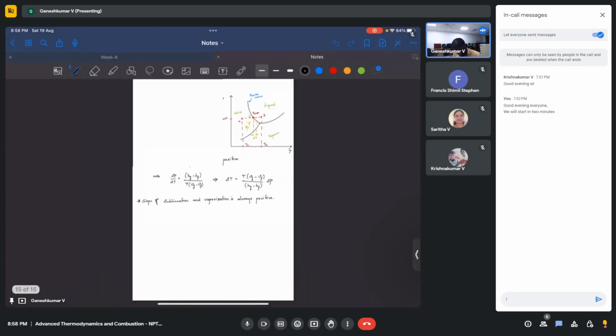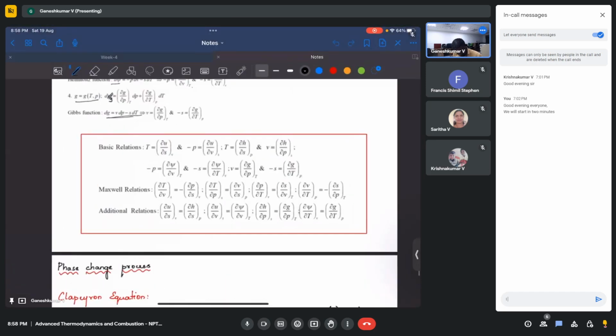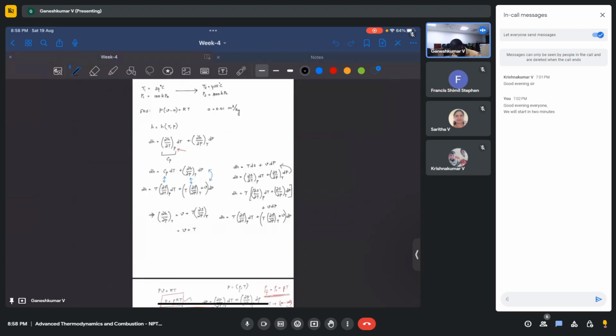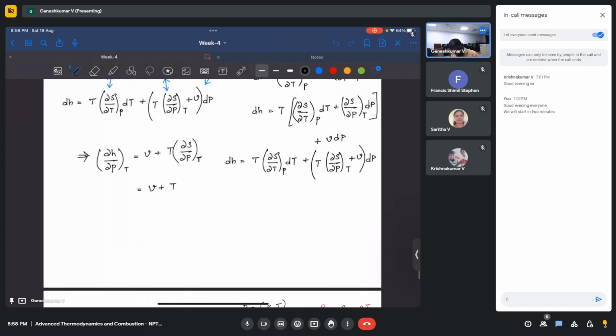So have a look if possible. ∂S/∂P at constant T is nothing but minus ∂V/∂T at constant P. This is one of the Maxwell relations.